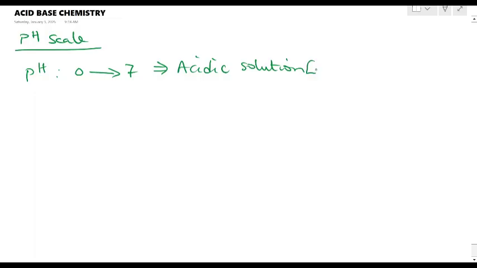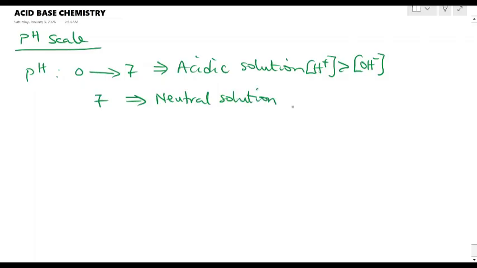In this case, hydrogen ion concentration is greater than hydroxide ion concentration. Then we have a pH of just 7, which implies a neutral solution. And in this case, we have hydrogen ion concentration, which is your proton, equal to the hydroxide ion concentration.